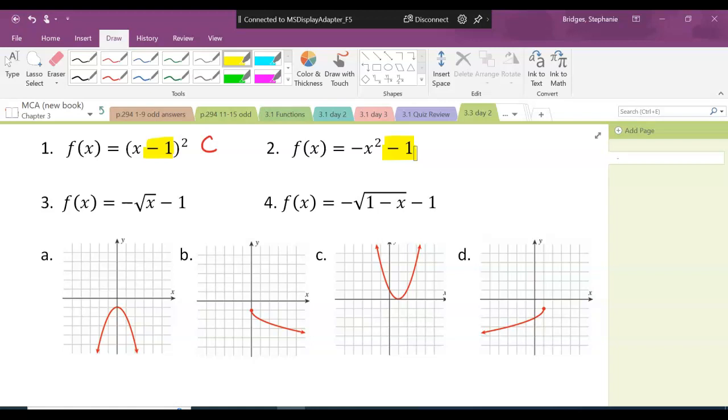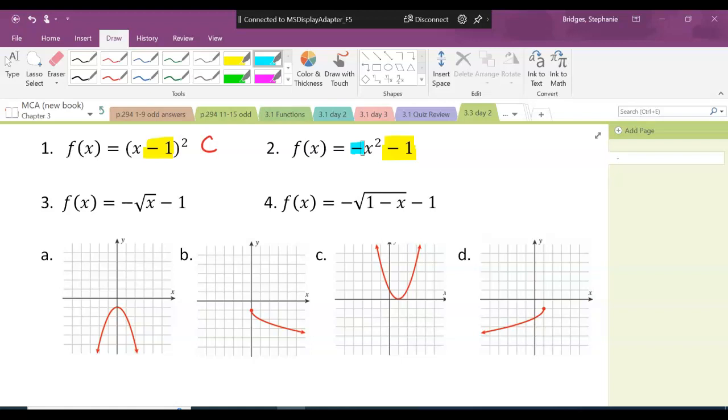Okay. But then what else does it have in front of it? What did I just highlight in blue? A negative, right? Is that negative outside of my function or inside of my function? Is it after I square or before I square? It's outside, right? There's no parentheses that are including it. So that means it's going to reflect on the x-axis, which basically just flips it upside down.